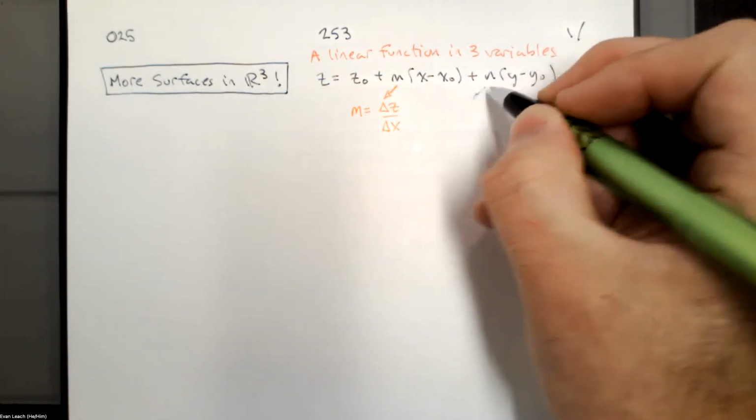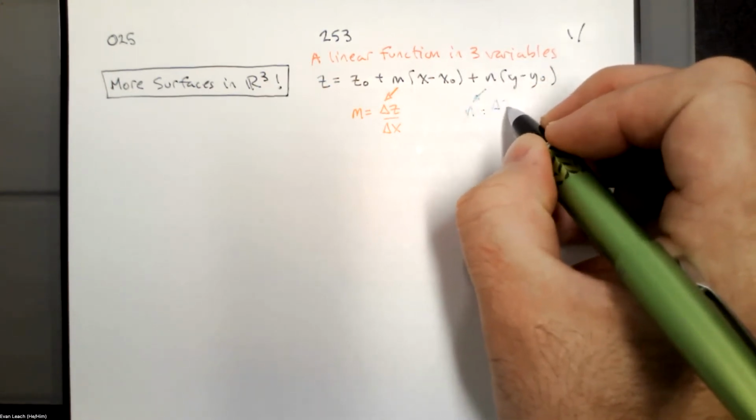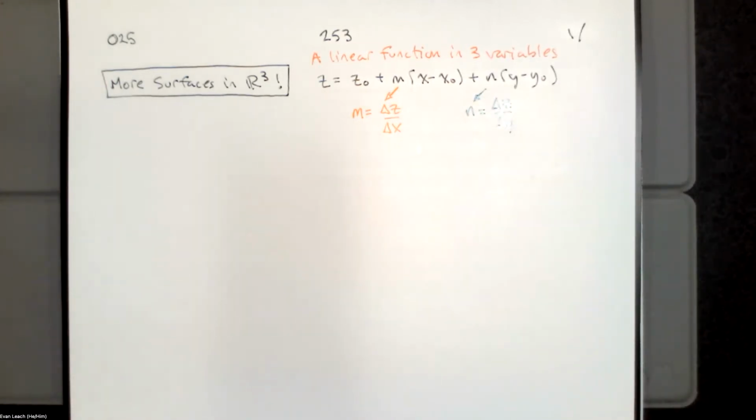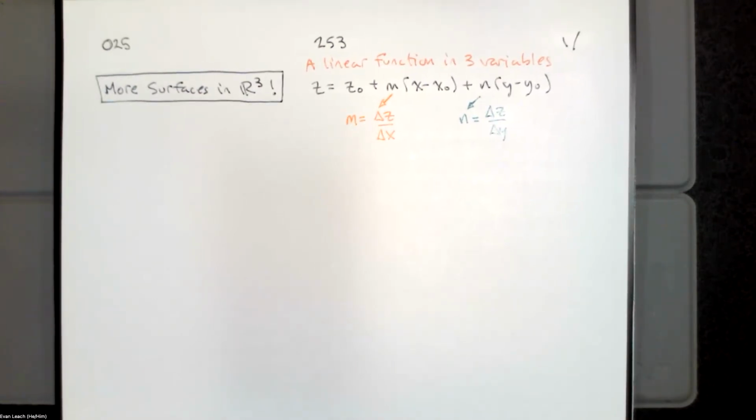We should give them different names, more than just m and n. So that coefficient of the x is how much z changes when x increases by 1. And the coefficient of y will be how much z increases when y increases by 1.